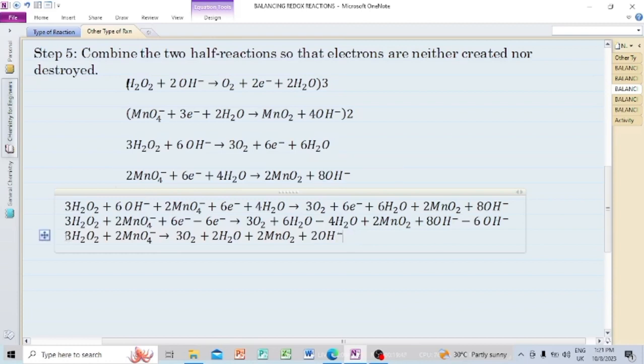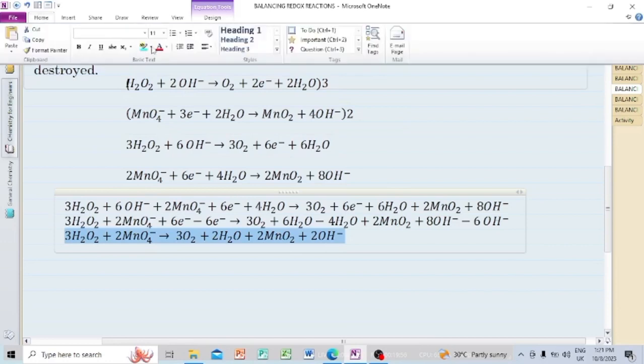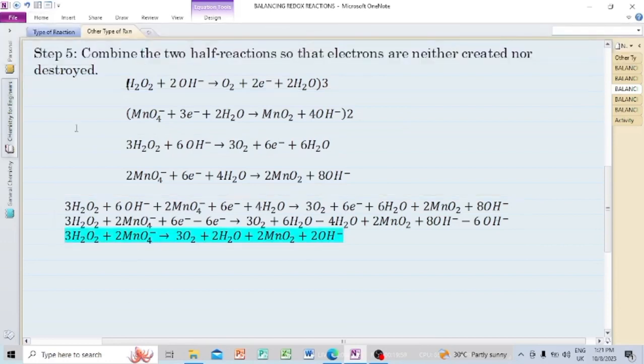So that's it. That's our final answer. So ganun lang ang mag-balance ng basic solution. That's our final answer.